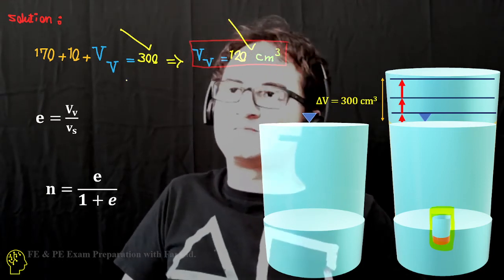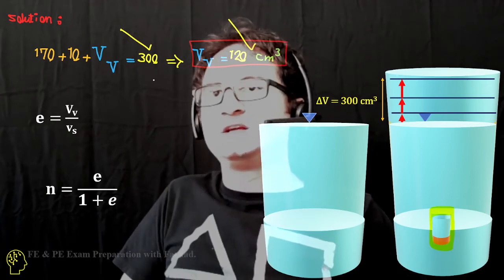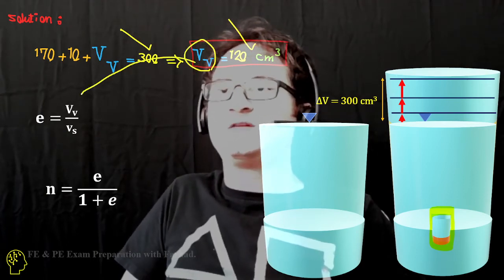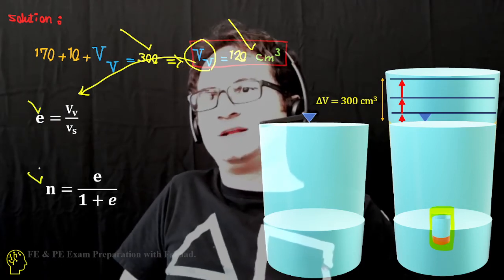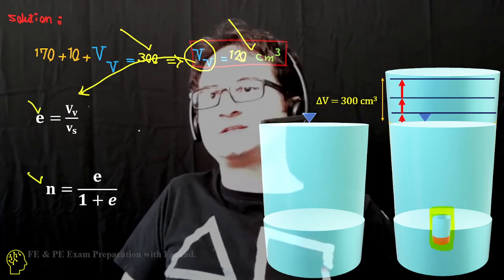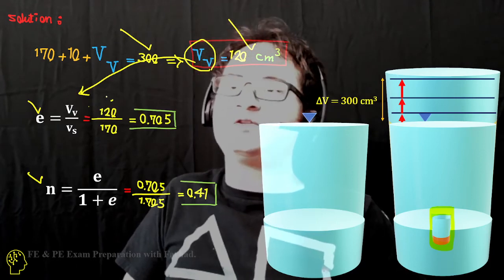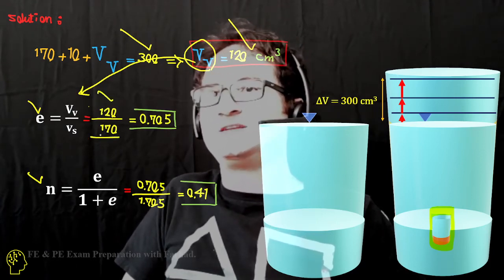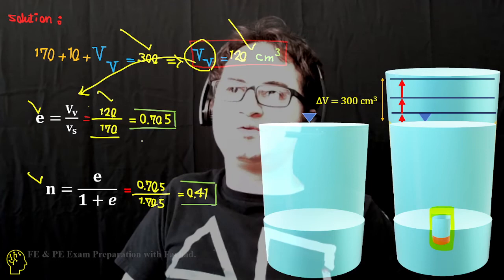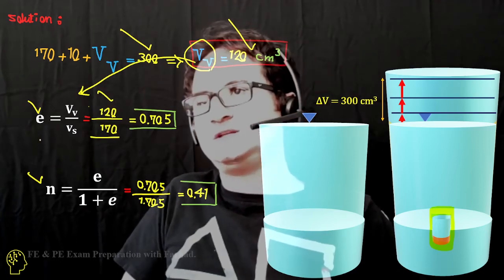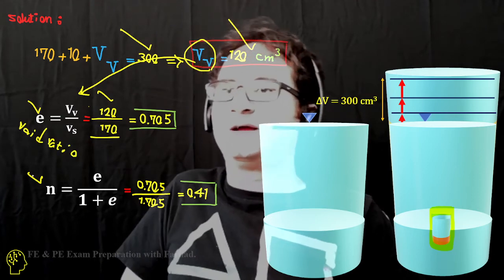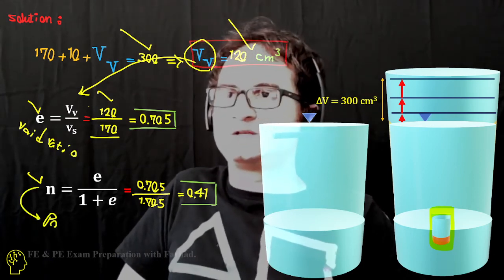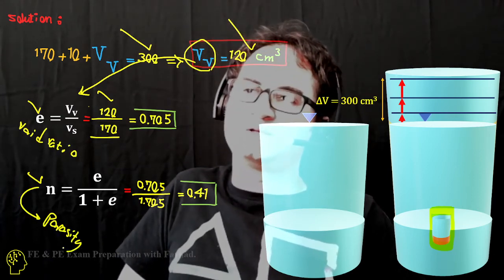Likewise, if we replace the numeric value of the volume of void in the e equation and n equation, Vv over Vs is simply 120 over 170, and that's 0.705. That is the void ratio, and the one below is the porosity of the soil sample.